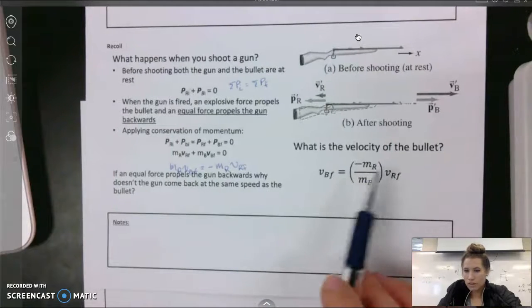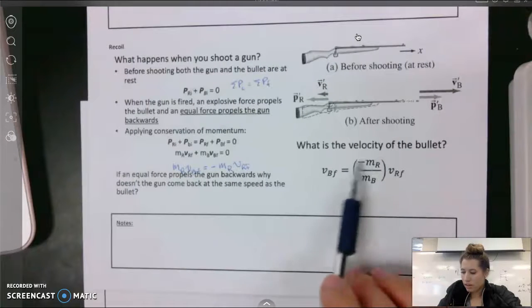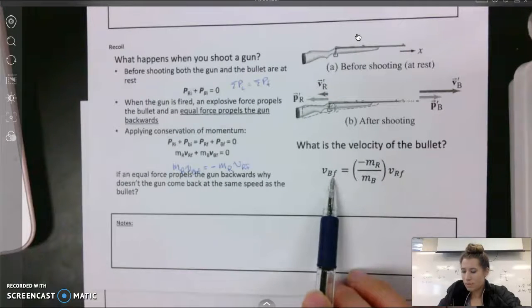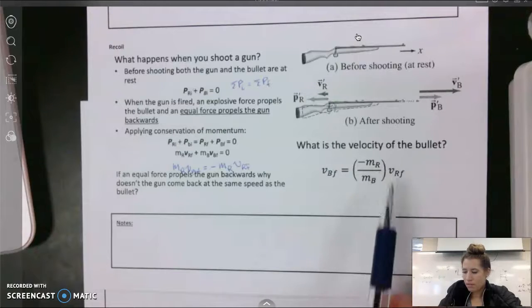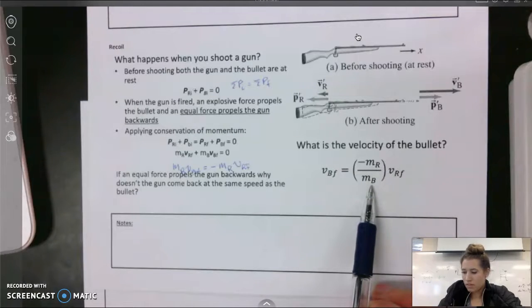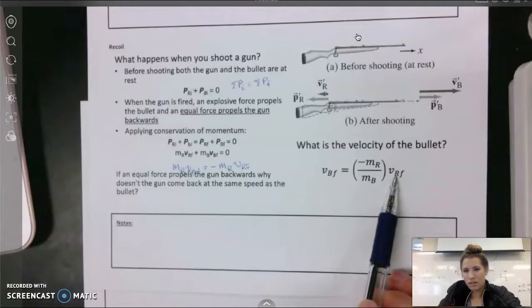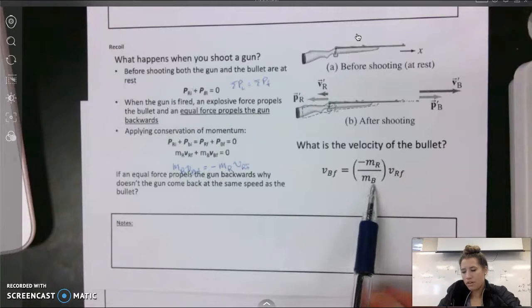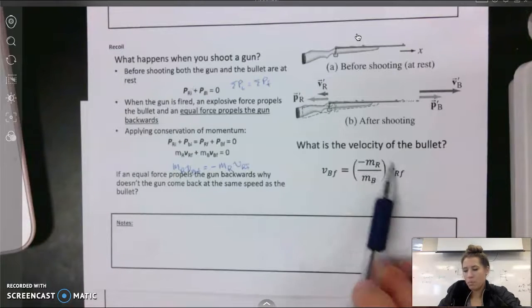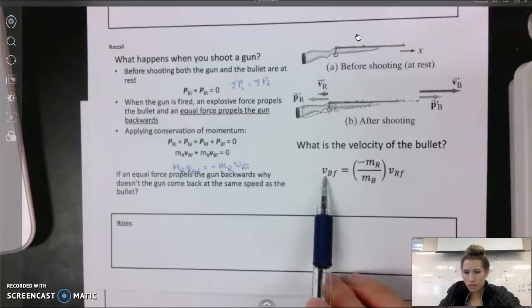Okay, so this is what we end up with here. We're saying, well, the velocity of the bullet is this ratio between the rifle and the bullet multiplied by the velocity of that rifle. And so the rifle is going to be much bigger than the bullet, and so we get this big velocity of the bullet.